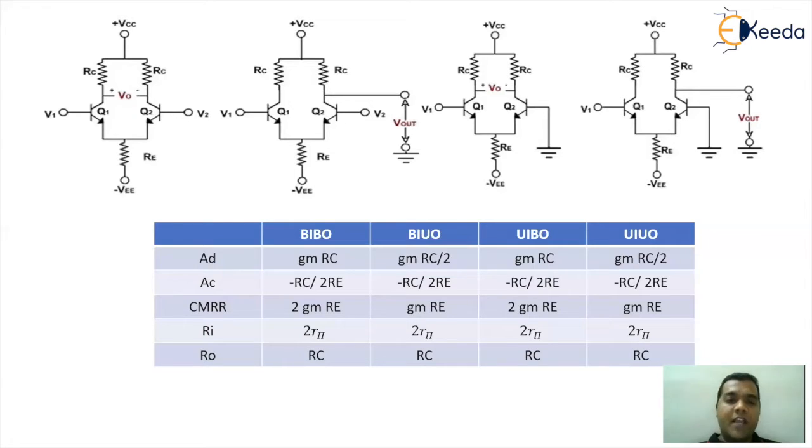The CMRR under balanced output gives you twice gm RE, and unbalanced gives you gm RE. The input resistance in all four circuits is approximately twice beta RE, that is twice r pi, and output resistance is equal to RC. This is how you can compare all four types of differential amplifier in terms of differential gain, common mode gain, CMRR, RI, and RO.